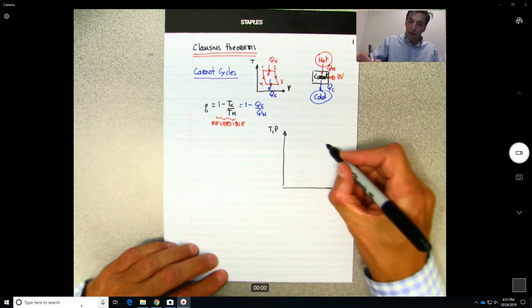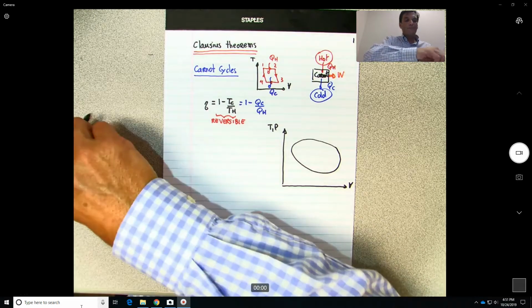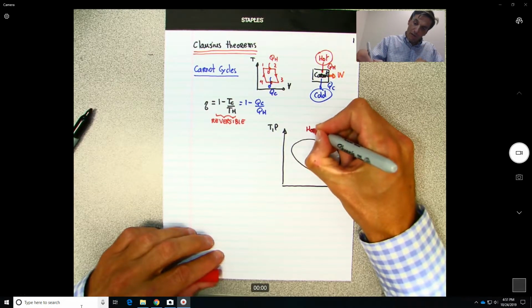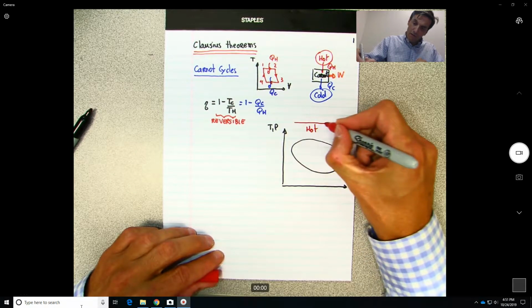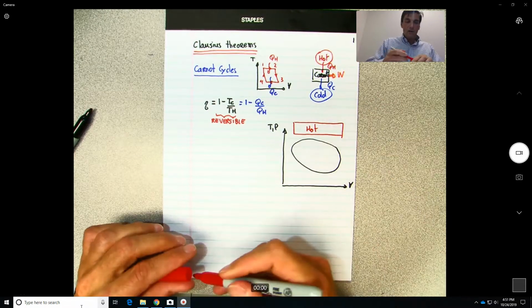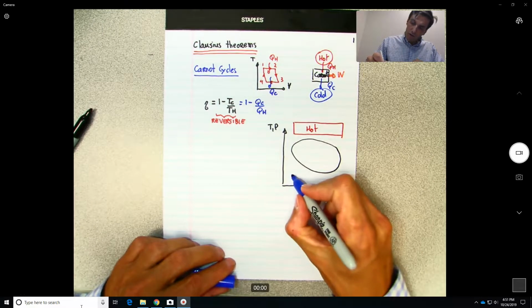It is probably going to look more like something this way. And imagine here you still have your hot reservoir, and over here your cold reservoir.